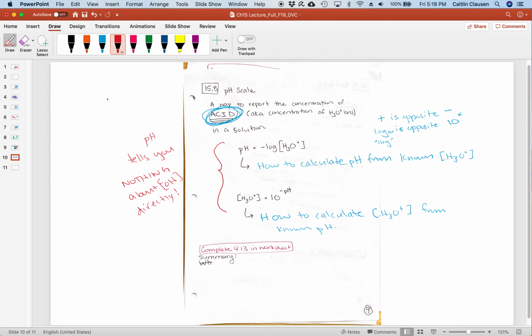You can't convert directly from grams to atoms. Similar concept here. If you know the pH, you can go back and forth between pH and concentration of hydronium using these equations right here. You cannot go from pH to concentration of hydroxide, but you can go from hydroxide to hydronium with Kw.